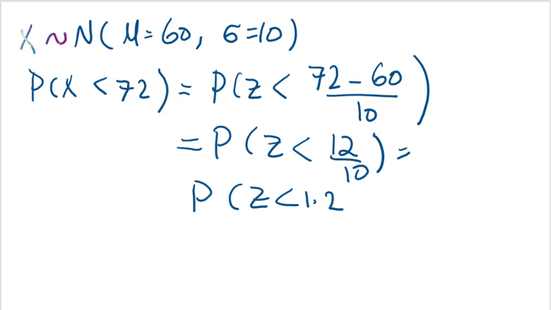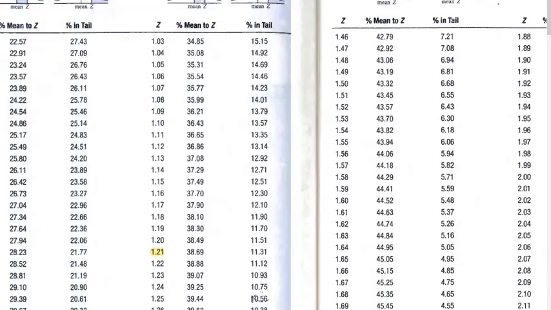Now, in the Aaron and Aaron tables, I have to show you the probability of Z less than 1.2. Okay, so let's have a look. You can see that in here, probability of Z greater than 1.2 is 11.31. So probability of Z greater than 1.2 means the probability to the tail.